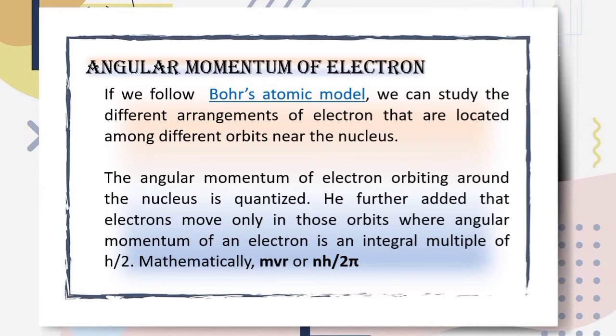Now 2π is also a constant. The question of why the angular momentum can have only those values that are integral multiples was explained by the French physicist Louis de Broglie in 1923, 10 years after Niels Bohr's proposal.